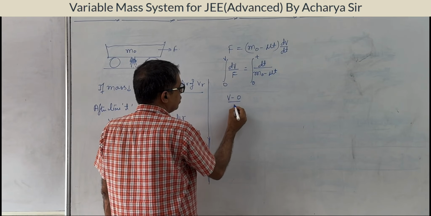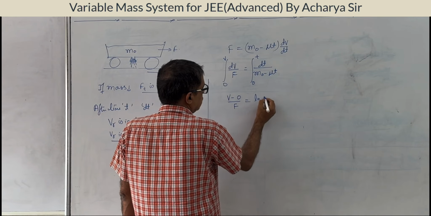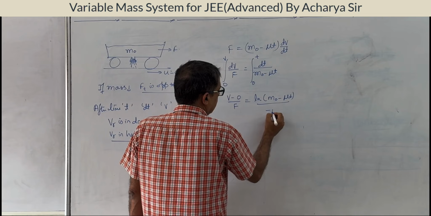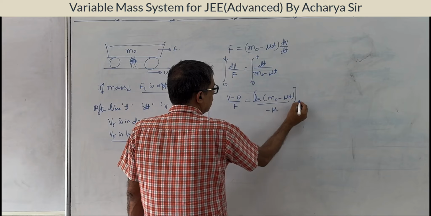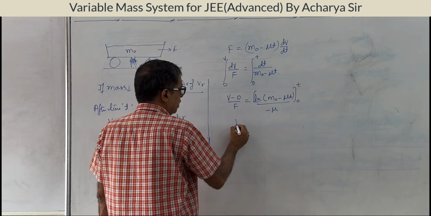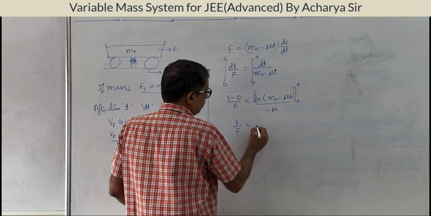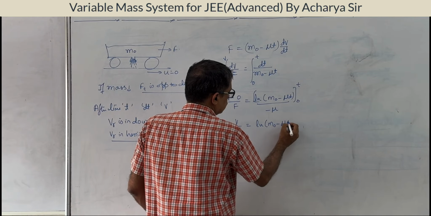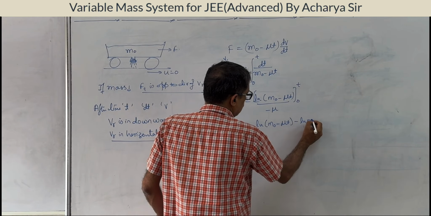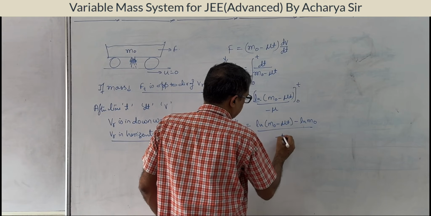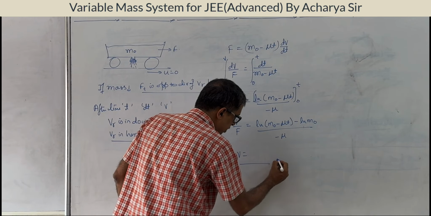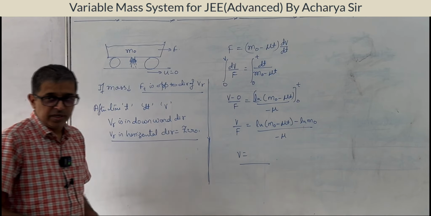(V minus 0) divided by F is ln of (m naught minus mu t) upon minus mu, limits 0 to t. V by F is [ln(m naught minus mu t) minus ln m naught] upon minus mu. Remaining simplification, I leave it to your fine judgment.